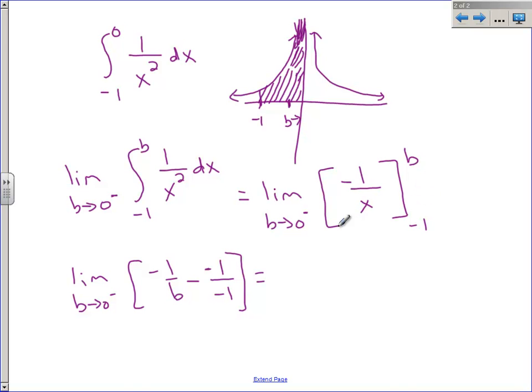Alright, let's clean this up a little bit. This will be the limit as b approaches 0 from the left of -1 over b. Those two negatives make a positive, and then -1. So that's what we have.